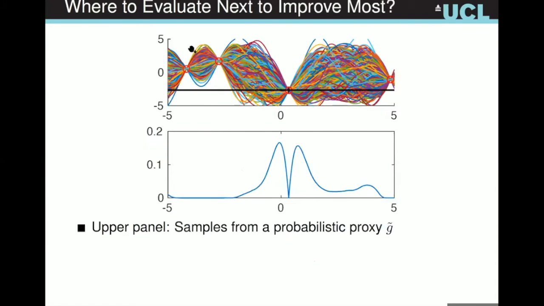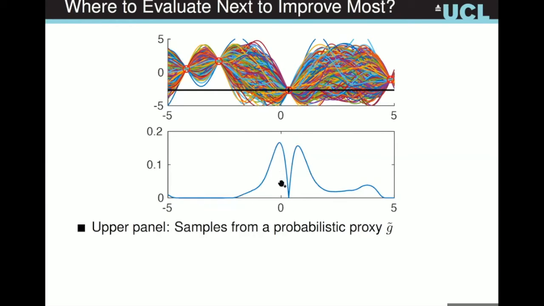So if we sample 1,000 functions from our posterior GP, and the black line is the function value that was minimum so far, we can now count, or draw a graph of, the best places to evaluate so that with a high probability, we get lower function values. That would be the graph here at the bottom.